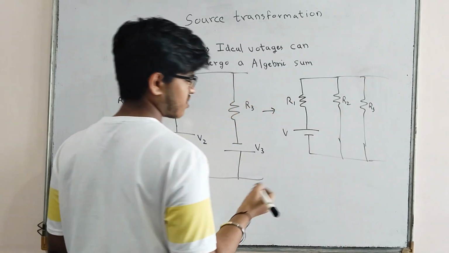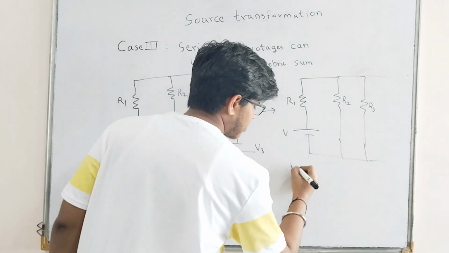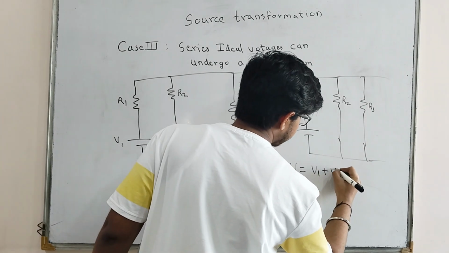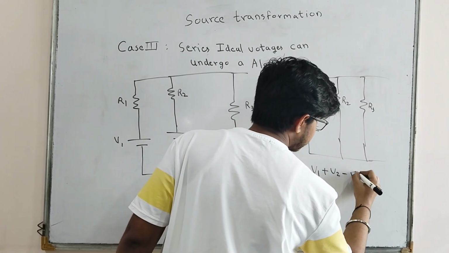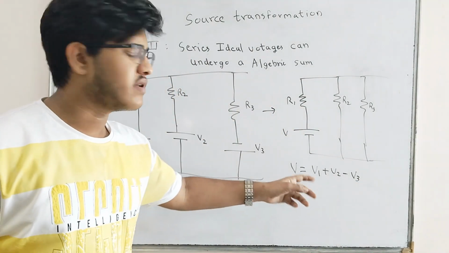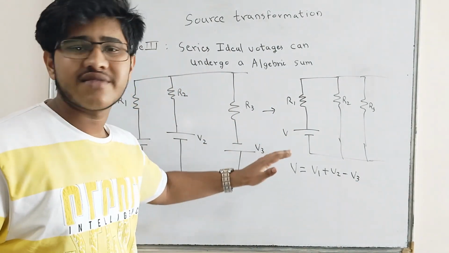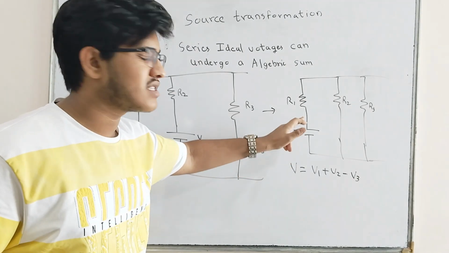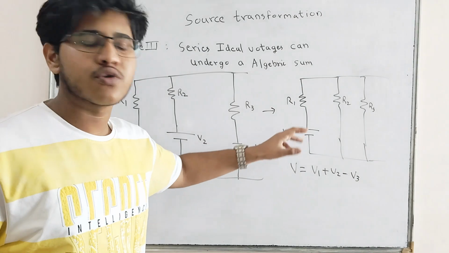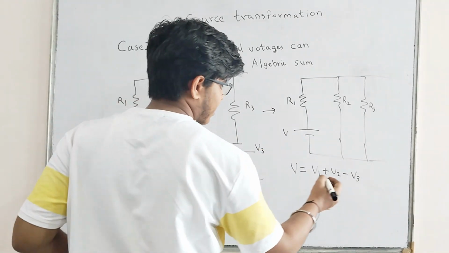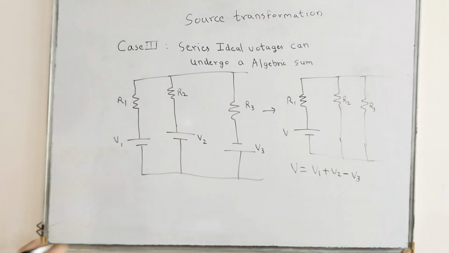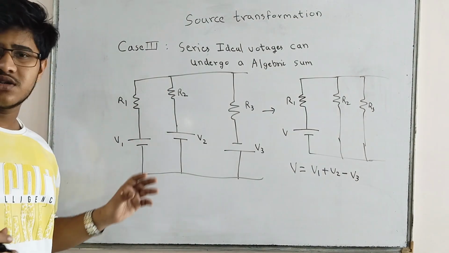Now what will be the value of V? V will be equal to V1 plus V2 minus V3. Now I will explain why the sign of V3 is negative. In the final diagram we have considered this as our main sign, and the sign of V3 is exactly opposite to it. So we will attach a minus sign to V3. Okay, I will rub this, you may note this.